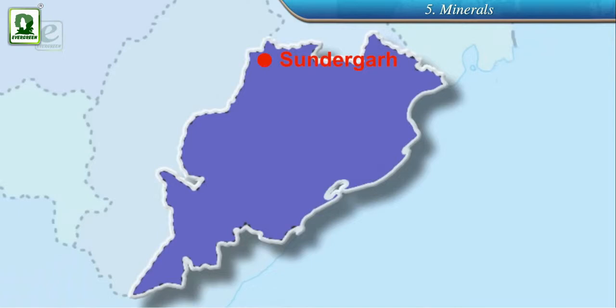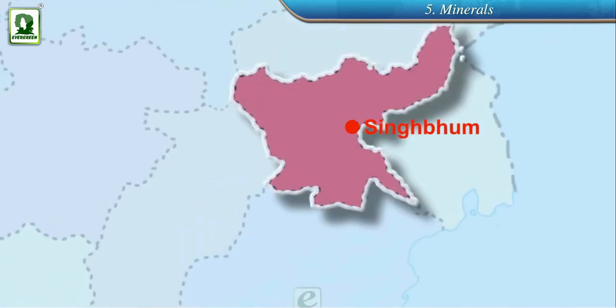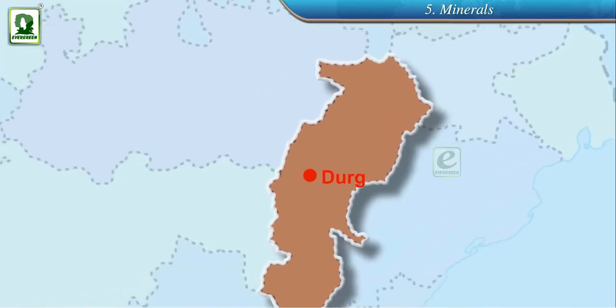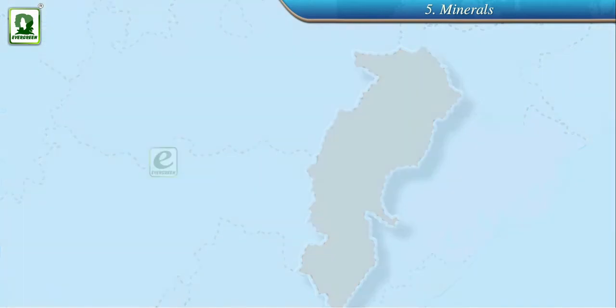Sundargarh and Mayurbhanj are the most important mines in Orissa, whereas Singhbhum mines in Jharkhand and Durg and Bastar mines in Chhattisgarh are also equally important.